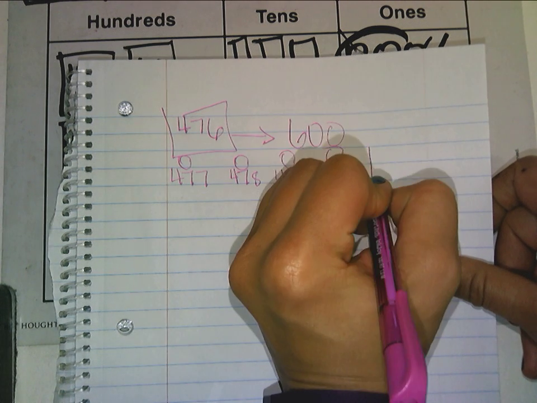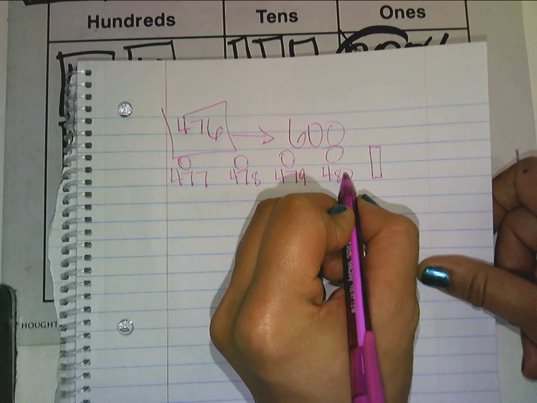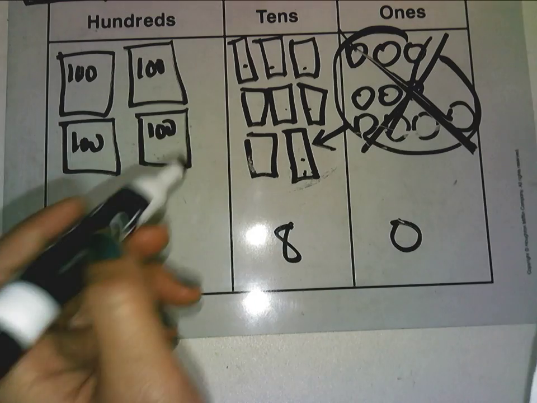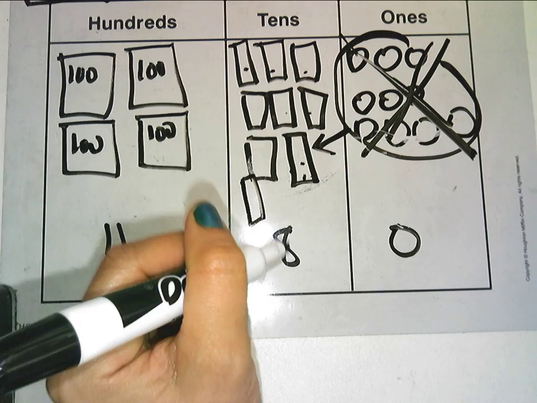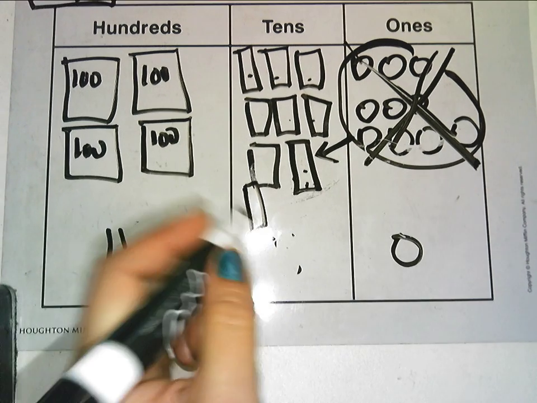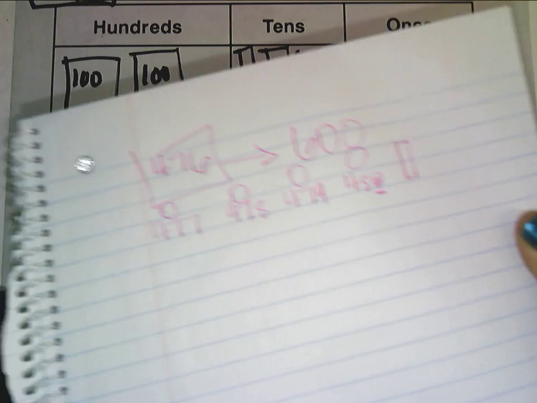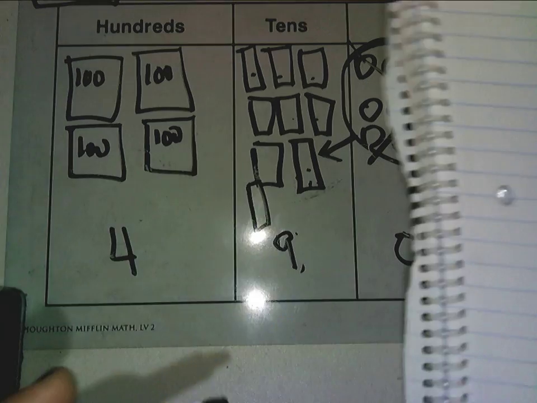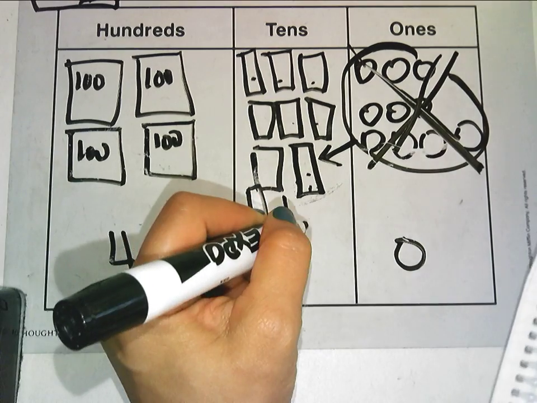So you could start by counting by 10 since you're at that happy benchmark number. It's a 0 in the ones place. So let's add a group of 10 to our chart. So this is no longer 8. Now we made it 9. So it's 490. Okay? I can still add another group of 10.